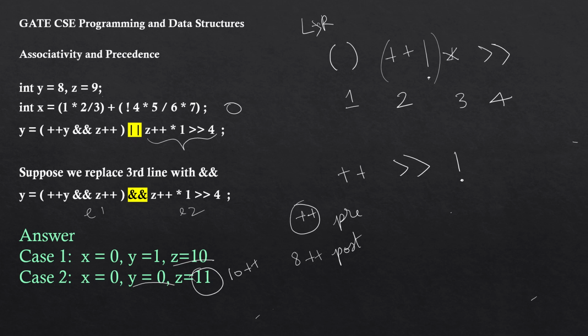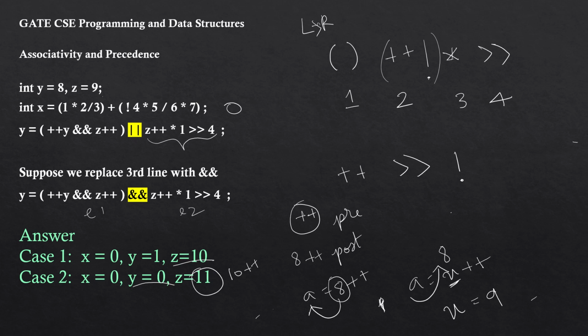Like we saw in the example, when we do a is equal to 8 plus plus, we're doing the assignment first. So a becomes 8. Then only we'll increment. Suppose 8 was stored in this variable x. Next time when you look at the value of x, it won't be 8, it will be 9. But the value of a became 8.